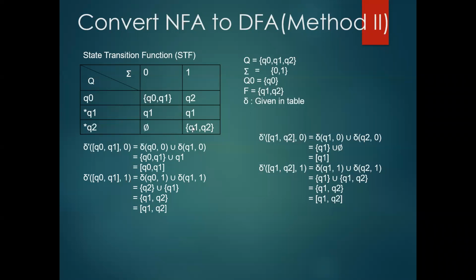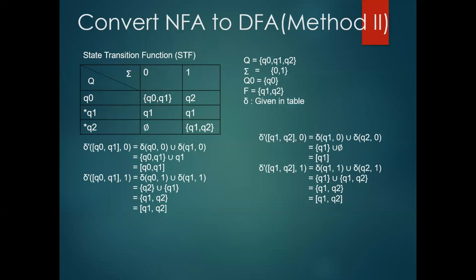Then there is another combination state, Q1, Q2. To this state also the input 0 and 1 is given, and you can see the transition is to Q1 and Q1, Q2. Once these are evaluated, you just have to check whether you got any new state or not.